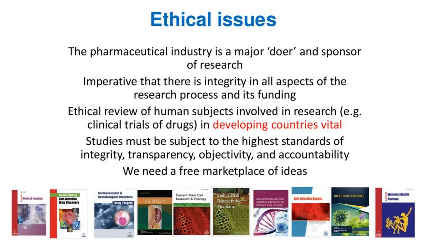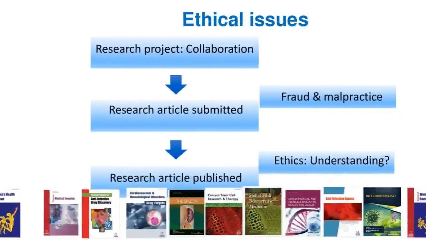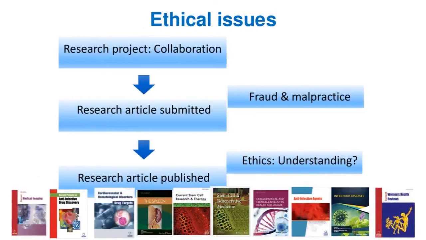So think about this as an issue in your own research. Of course, this is the way that it should work. We collaborate, we get our articles submitted, and we get our research articles published. But there are steps along the way where authors, researchers fall foul, often by no fault of their own, in terms of publication ethics and understanding the publishing process.